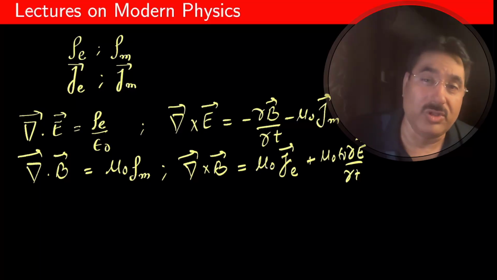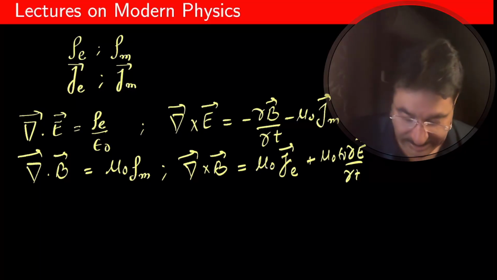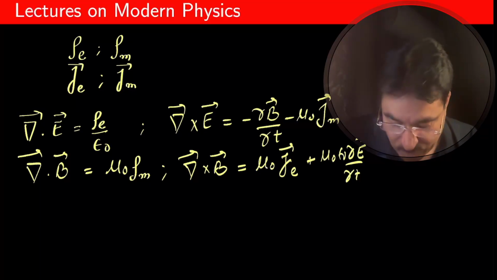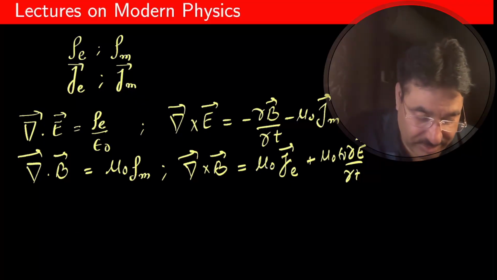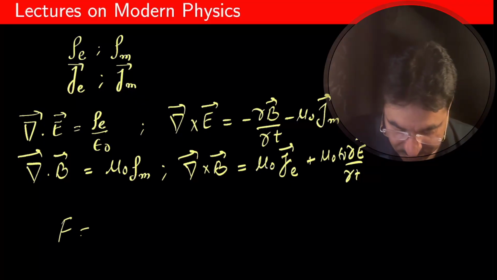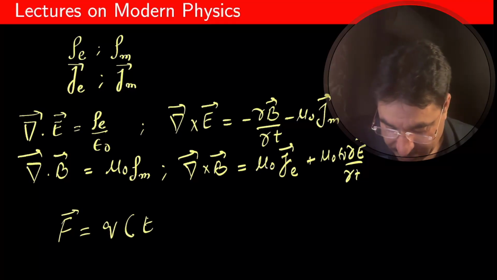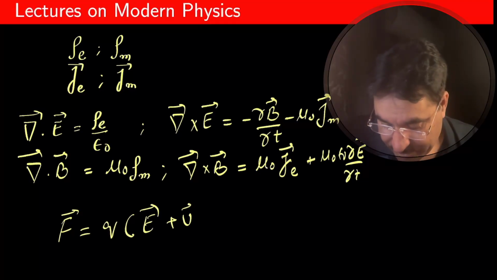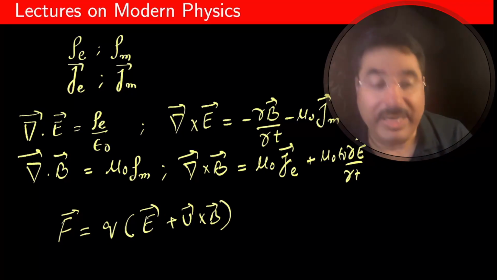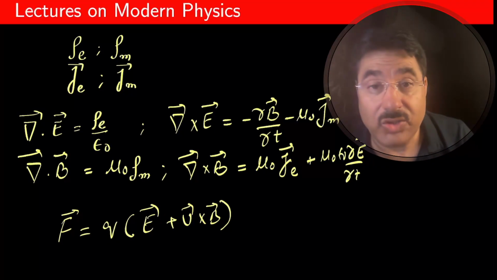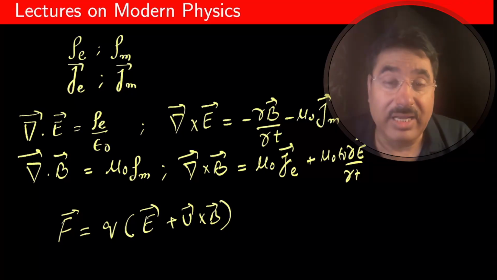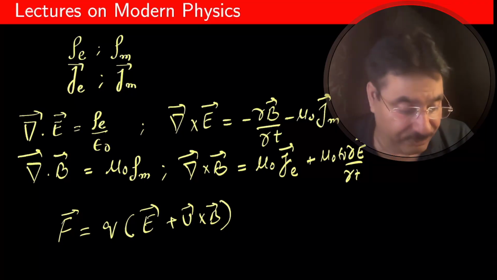And what about the Lorentz force? What will happen to the Lorentz force if magnetic monopoles exist? It will have two terms. The magnetic force on a charge is called the Lorentz force. You've done it in high school: q times E plus v cross B. This is for an electric charge in an electromagnetic field. Now you have a magnetic charge also. It can also experience electric field and magnetic force.